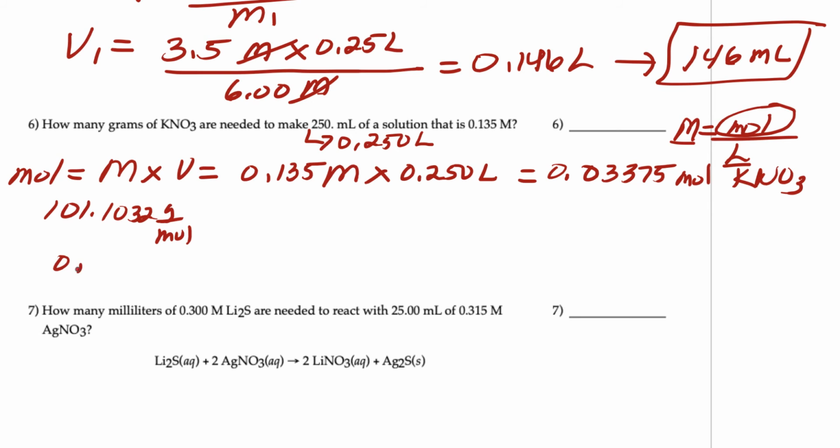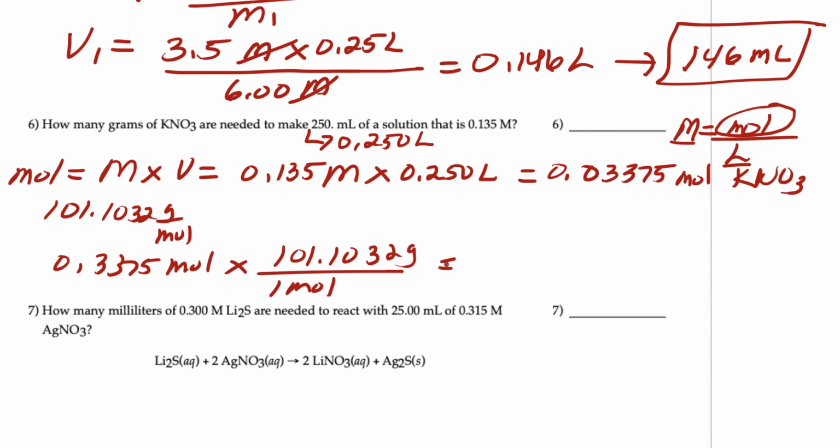So we have 0.03375 moles, and we multiply that by its molar mass, 101.1032 grams, and I get 3.41 grams.